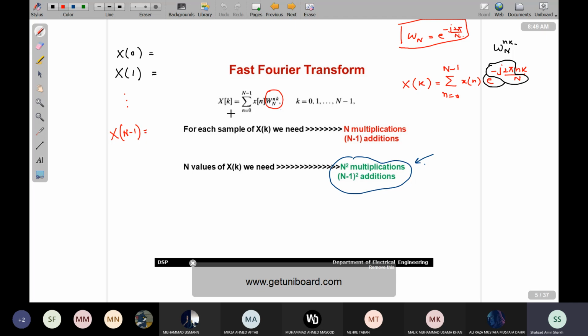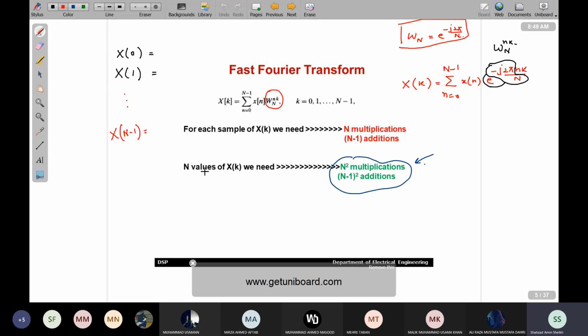Now, if this is your X of k, which is by definition the expression for computing your DFT, X of k equals the sum over n equal to 0 to N minus 1 of x of n W_N^{nk}. In that case, just for one value of X of k, that is, if you are going for computing X of 0, you need N multiplications and N minus 1 additions.